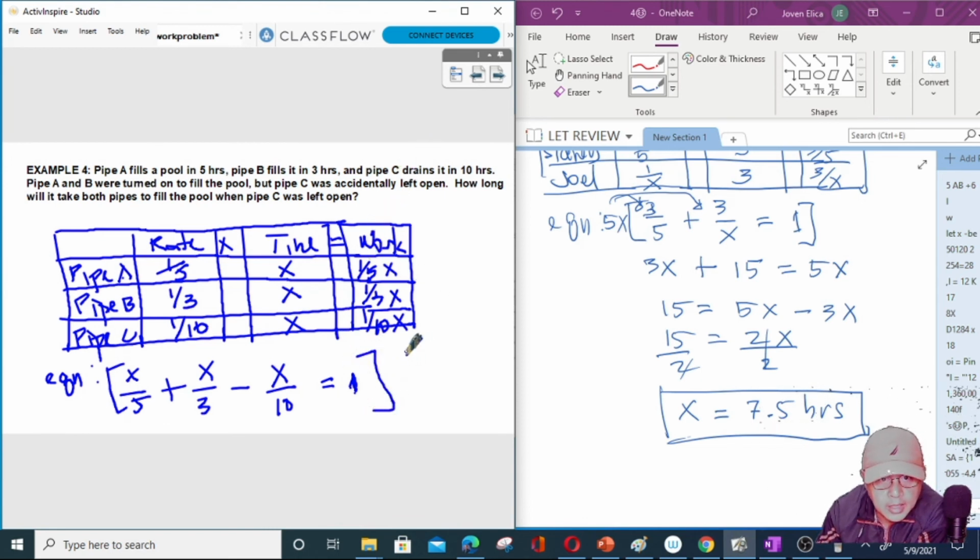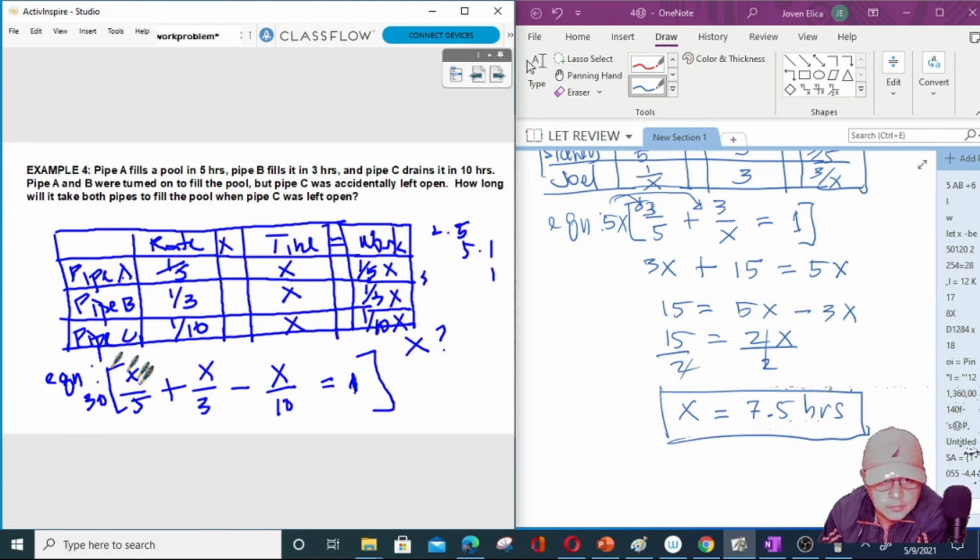We will let x be the time to fill the pool. This is the variable. So what will be the LCD? 2 times 5 is 10. 5 times 1, 3 times 1, 5 times 2 is 10. So 30.